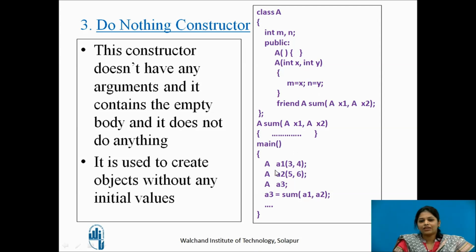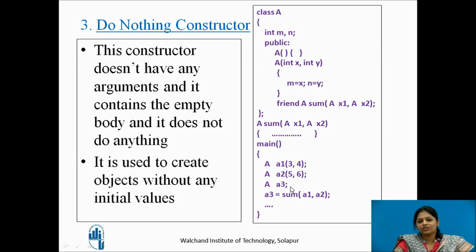Now, when the object A1 is created in the main function, it takes the parameters 3 and 4, so the parameterized constructor is invoked. It assigns the values 3 and 4 to the data members m and n for the object A1. Whereas when the object A2 is created, it takes the values 5 and 6 and assigns them to m and n for the object A2.